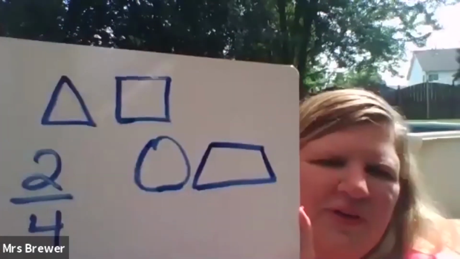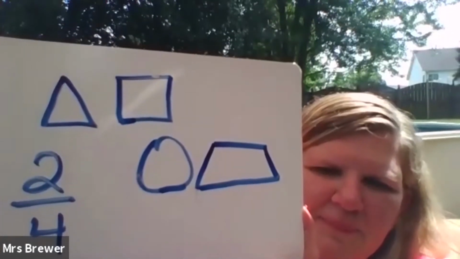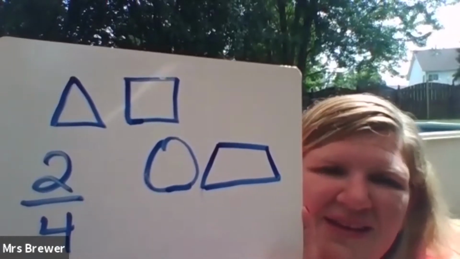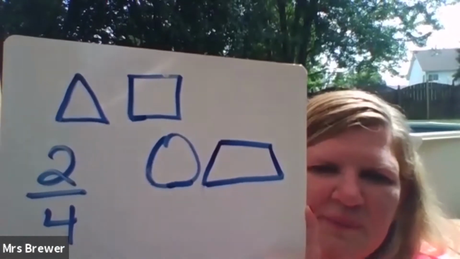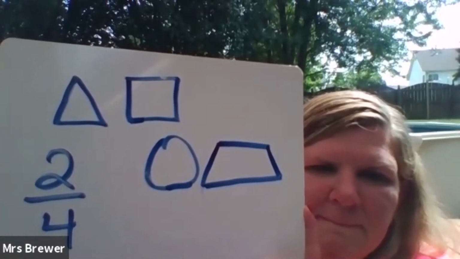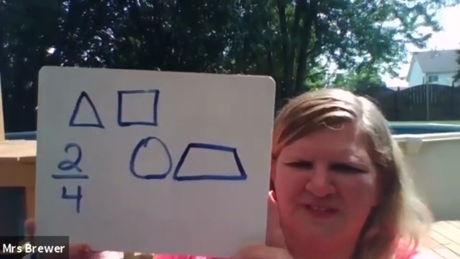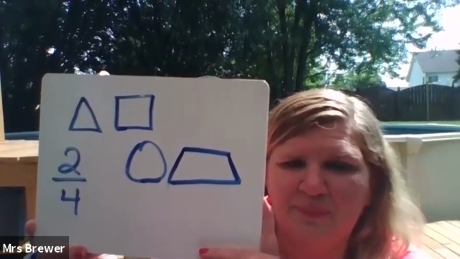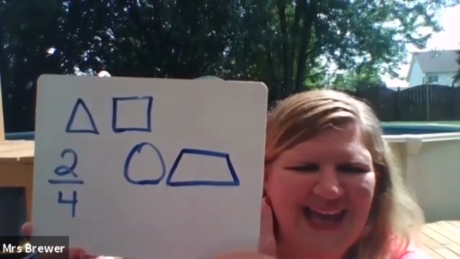All right, so boys and girls, I want you to think the other way. Now, what fraction of my set is not quadrilateral? What do you think? But that's just what you told me for quadrilaterals. Someone told me 2/4. Can 2/4 work for non-quadrilaterals? Why?